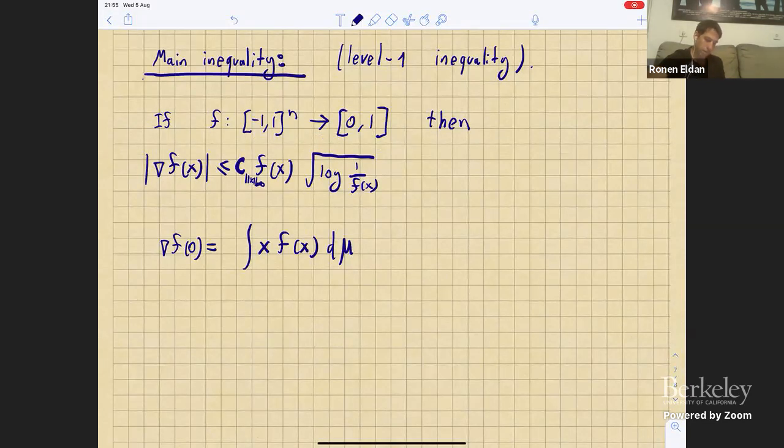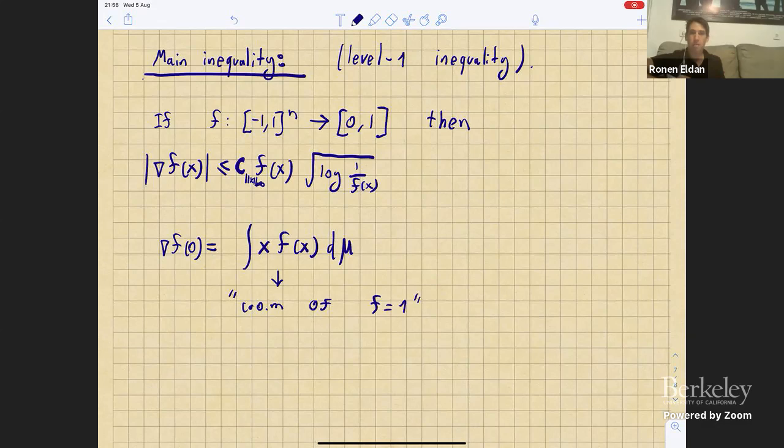The point is that since our measure is sub-Gaussian, if I have a function between 0 and 1, this thing is just the center of mass of the set where f equals 1.